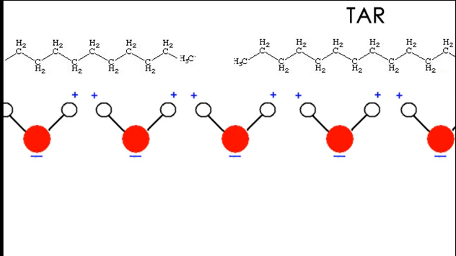Now, the hydrophobic tar molecules consist of long carbon chains. Due to hydrophobic forces, they will float on top of the water, a point I have made several times before in numerous videos. And when they come in close proximity to another tar molecule, the attractive force of hydrophobic interaction will aggregate these two molecules together. As more and more tar molecules aggregate, the density of the aggregate will lead to submersion, and the aggregate will sink to the bottom of the ocean.